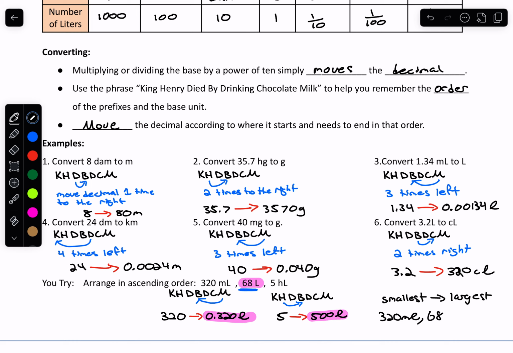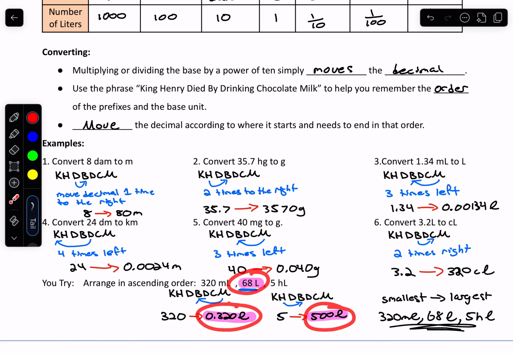Then 68 liters is the middle, and 5 hectoliters is the biggest because 5 hectoliters was 500 liters. So as long as we convert them all to have the same unit of measure, we can then just compare the numbers in front to see which one is the largest and the smallest.